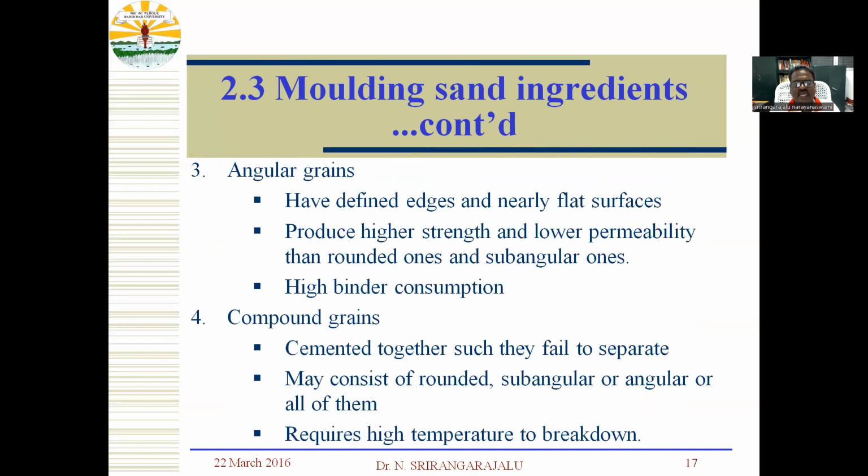Angular grains have defined edges and nearly flat surfaces, produce higher strength and lower permeability than rounded and subangular ones, and need high binder consumption. Compound grains are cemented together such that they fail to separate, and may consist of rounded, subangular, or angular grains, or all of them. They require high temperature to break down.